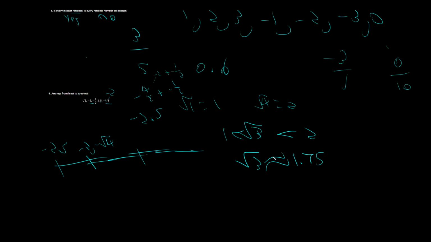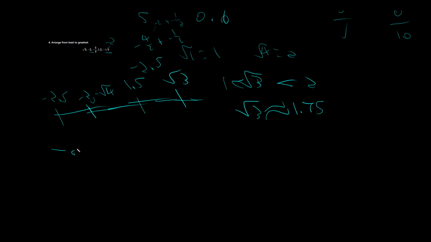That's a little smaller than 3, so 1.5 must be smaller than the square root of 3. Since a number line goes from least to greatest, we can just order it like that: -2.5, -2, negative square root of 4, 1.5, and square root of 3.